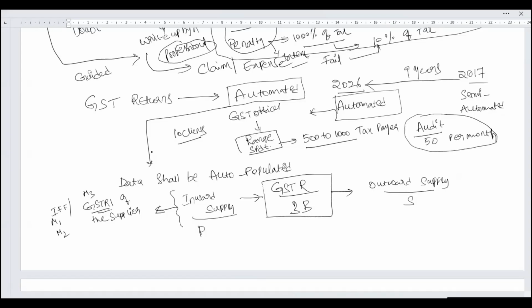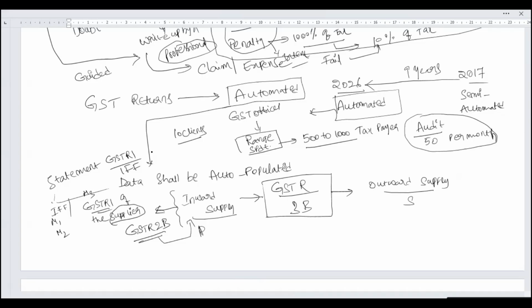So based on this statement, I would call this a statement. Now, this is nothing but your GSTR1 or IFF. Based on the statement filed by the supplier, there's a form which is called GSTR2B. This gets updated. This is the data which flows to your inward supply, that is your purchase.